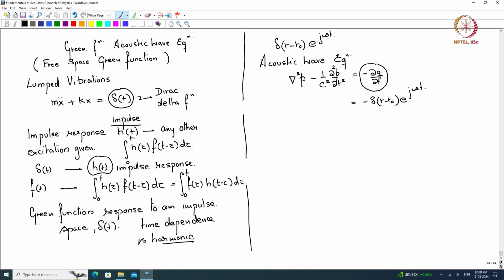Since the time dependence is harmonic, on this side we get G, which is the free space Green function.